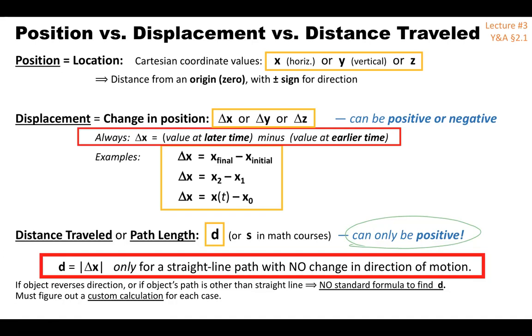You can have a negative displacement if you have moved in the negative x direction over time. But in all of those cases, you've worn more rubber off the bottom of your tires, or more off the bottom of your shoes, if you've traveled any distance through space, whether in the positive direction or the negative direction. So the distance traveled can only ever be positive.